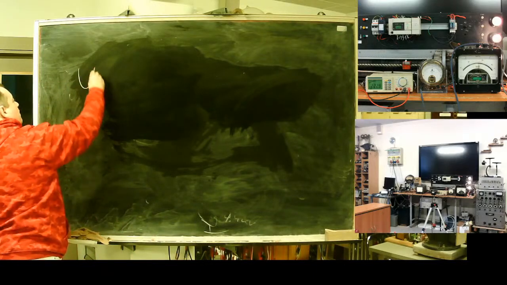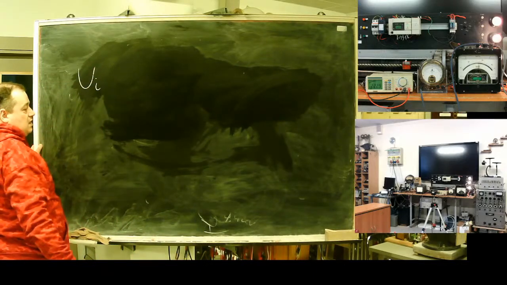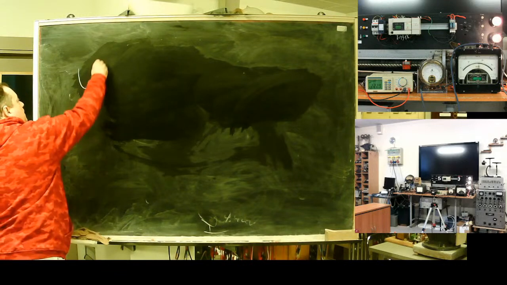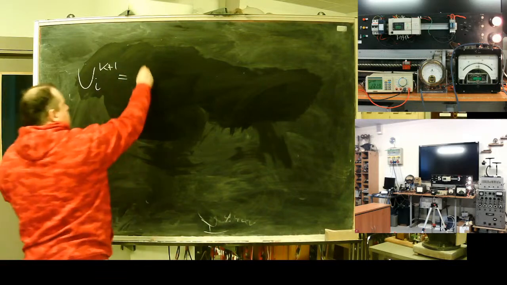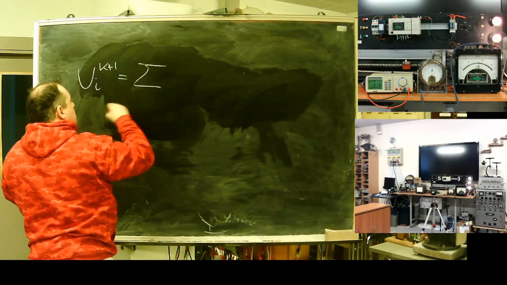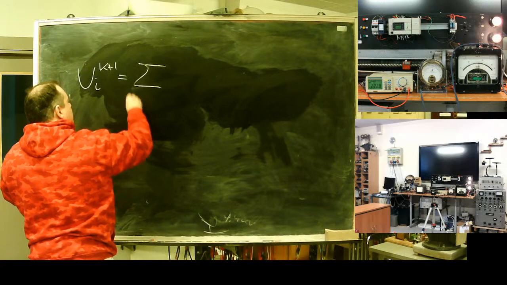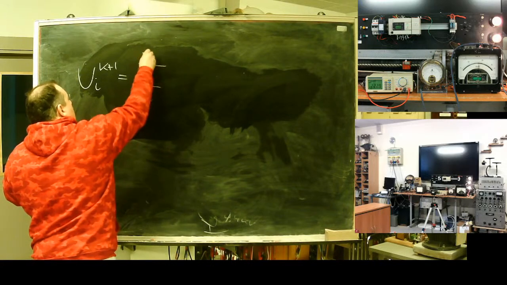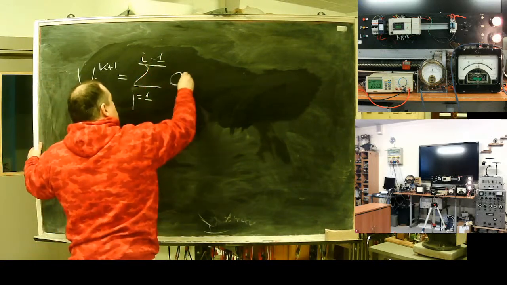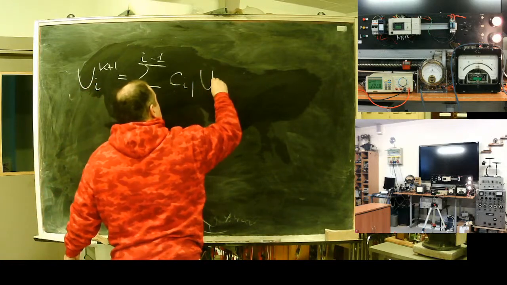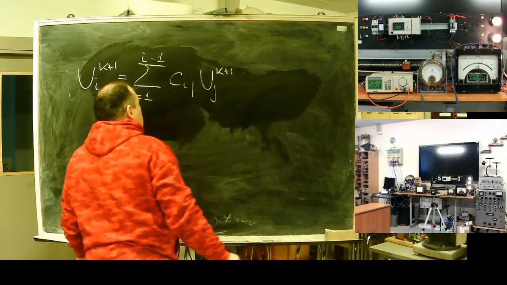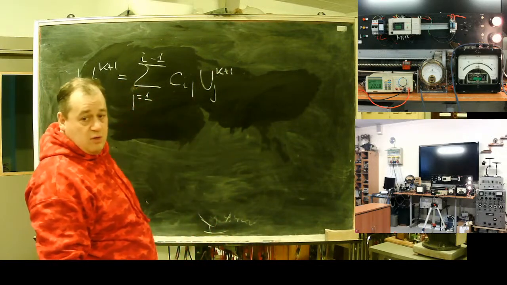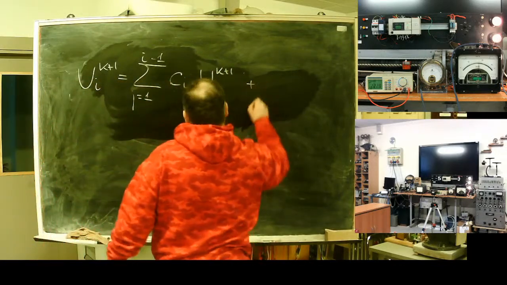So voltage at the node I next will be sum from 1 to I minus 1 of next. This part is a classical electrotechnic theory.